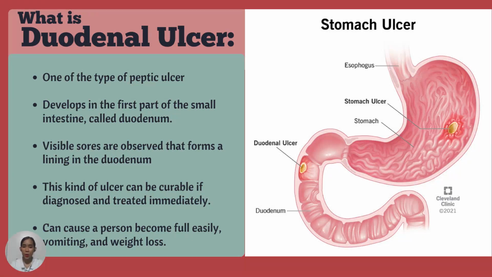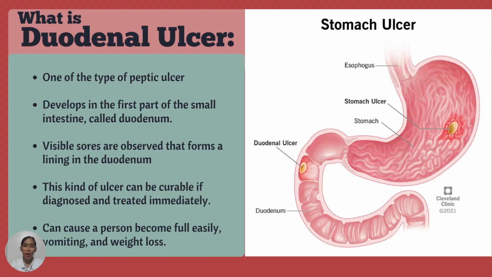So duodenal ulcer occurs when there is a disruption to the surface of the mucosa of the duodenum, which is a sore that forms on the lining of our duodenum. Later you can see what duodenal ulcer looks like in the endoscopy view. This kind of ulcer can be curable, so no need to worry, but only if it is diagnosed and treated immediately.